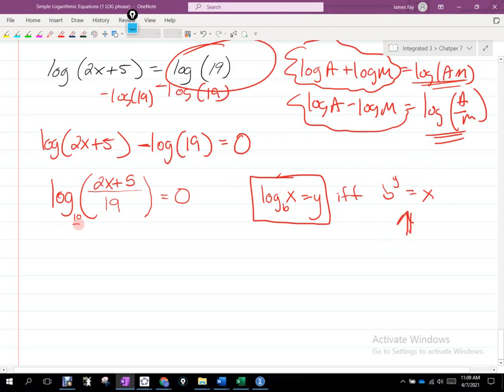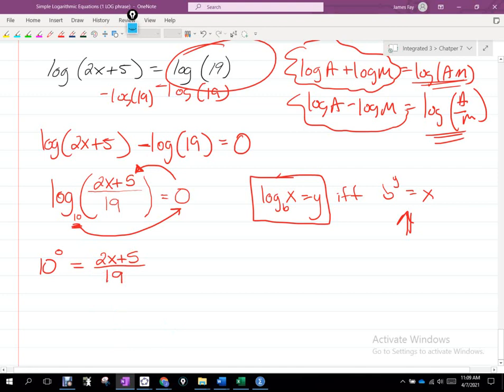So you take your 10, write that down. What am I going to raise that to? I'm going to raise it to the 0. And what's that going to come back and give me? 2x plus 5 over 19.